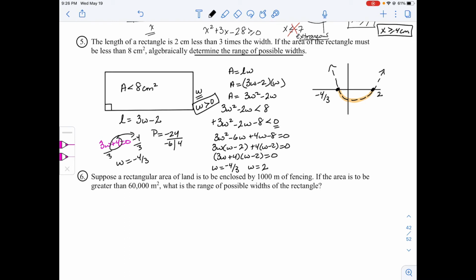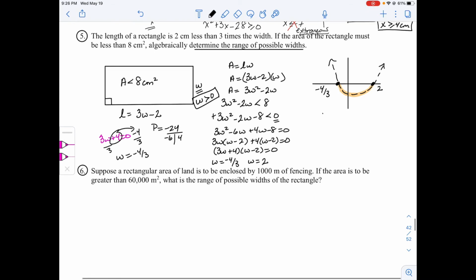So on a regular question, we would have the restriction and we would say that x would be between negative 4/3 and 2, but in this case, x has to be between 0 and 2.